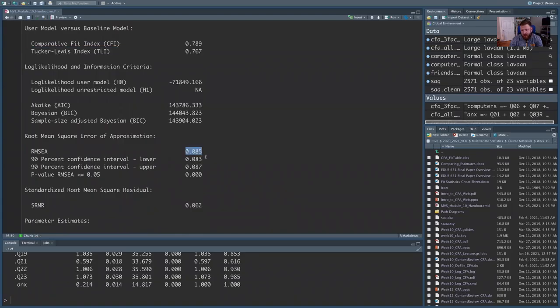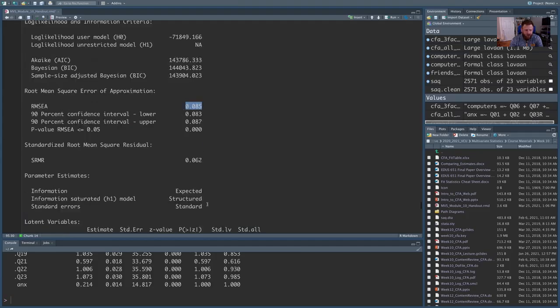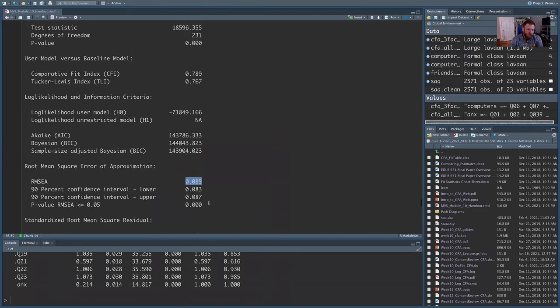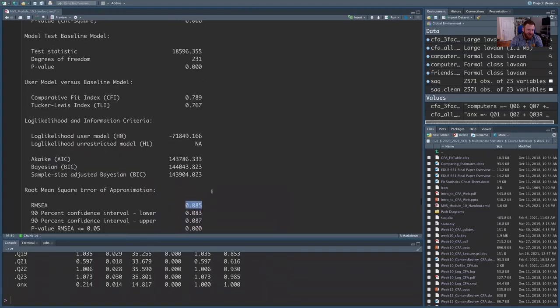It's above 0.06 consistently. And SRMR is slightly above 0.06 as well. So in terms of model fit, what that's telling us is a one-factor model probably does not fit that underlying data all that well. The underlying data are more likely a series of correlated factors or something similar.